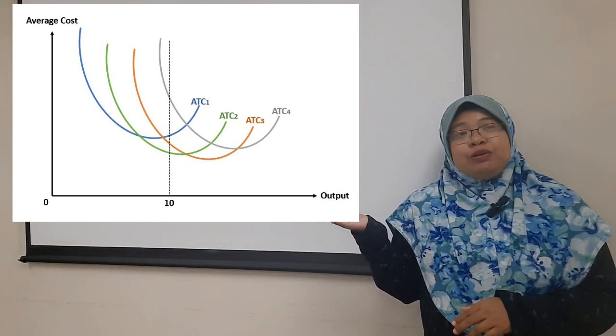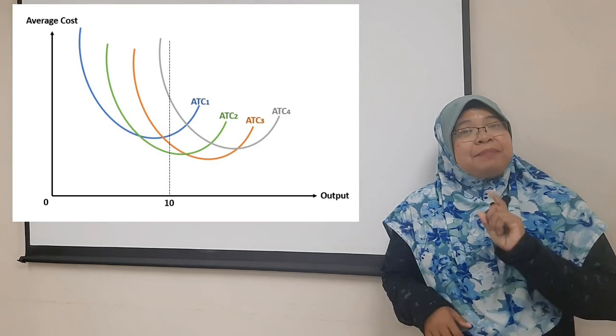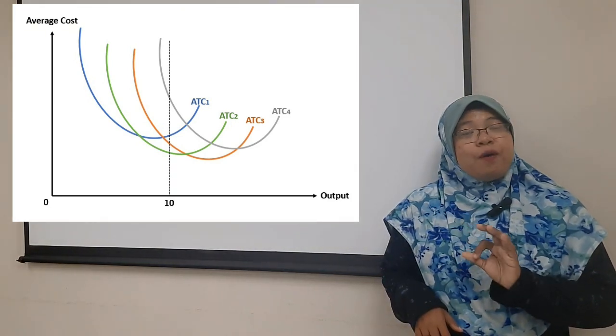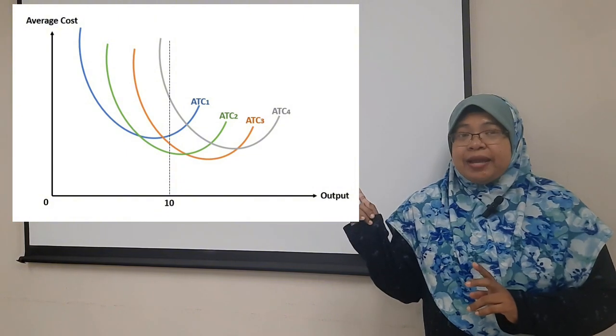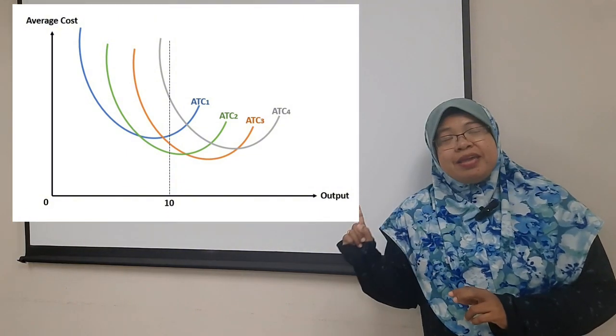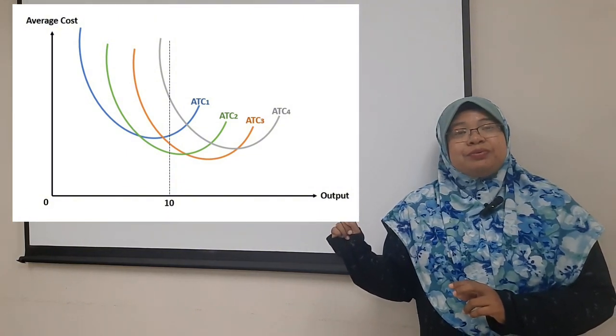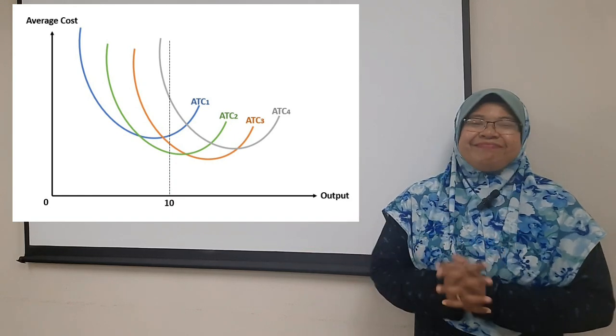Is it by using plant 1, plant 2, plant 3, or plant 4? Plant 1 is viewed by ATC 1, plant 2 by ATC 2, and so on.